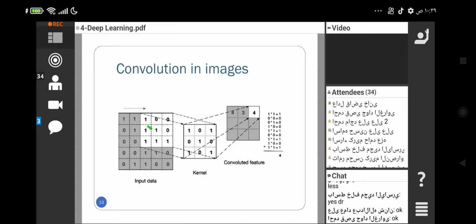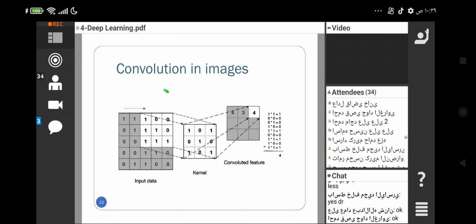And then what happens? The numbers that are inside this kernel are multiplied by the numbers that are in the image. You see it here. Let me zoom in so that you can see it. 1 multiplied by 1, 0 multiplied by 0, 1 multiplied by 0.